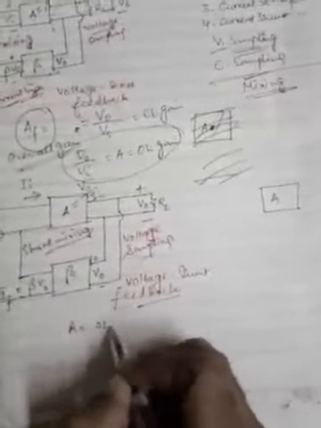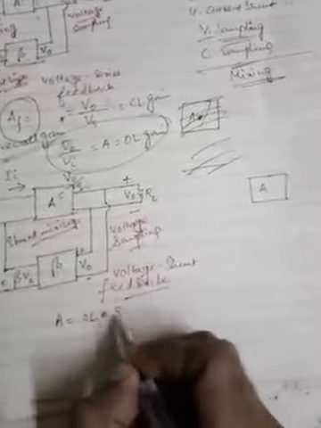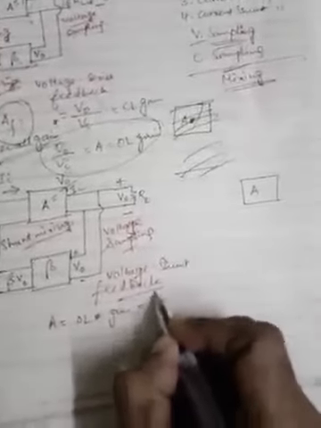So here in this case the open loop gain A is VO by II, but the closed loop gain AF is VO by IS.